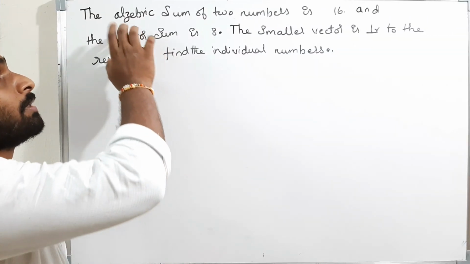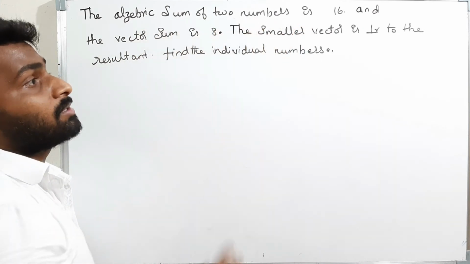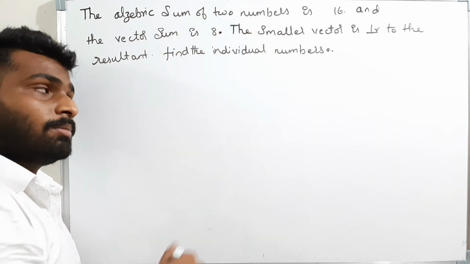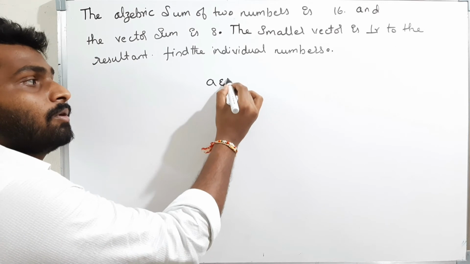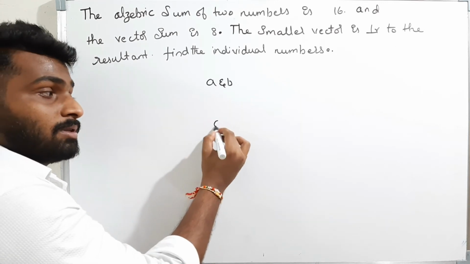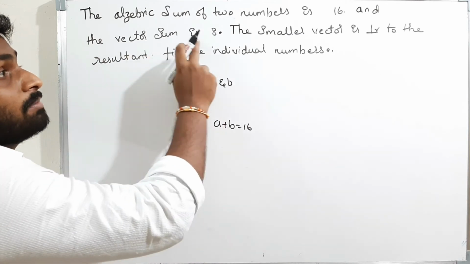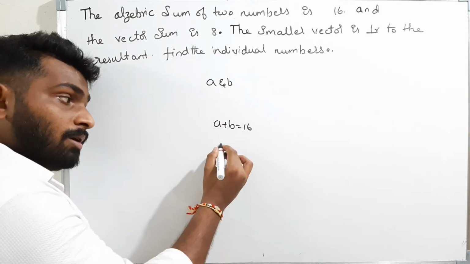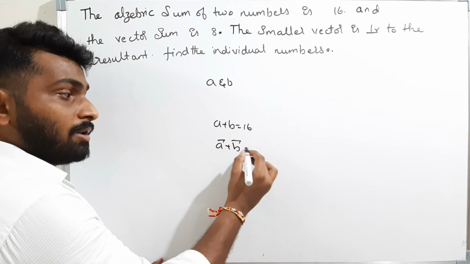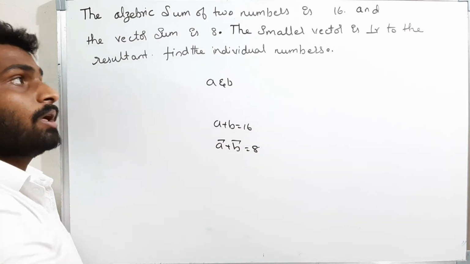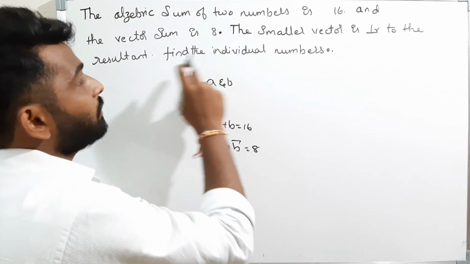Okay, see here. The algebraic sum of two numbers is 16. I am assuming the two numbers as A and B. Algebraic sum is A plus B equal to 16, and the vector sum is 8, that is A bar plus B bar equal to 8. The smaller vector is perpendicular to the resultant.